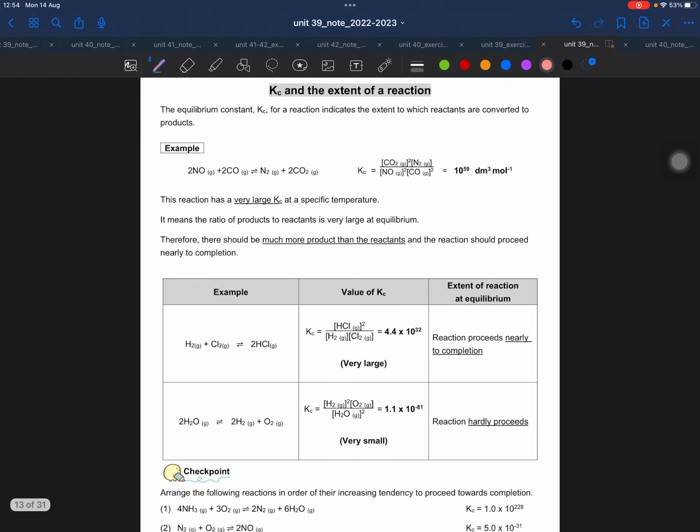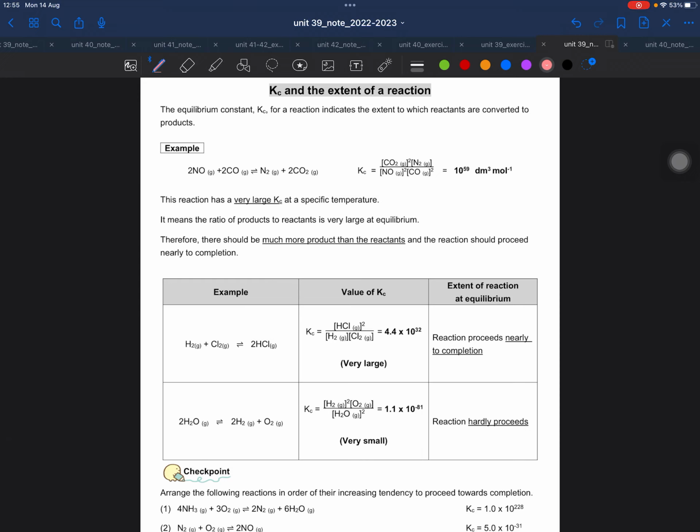Well, next, after some difficult part, let's come across some easy part. Okay? Now, what is the meaning of the value of Kc? First, if you are strong in mathematics, you can get the insight already. The value of Kc must be a positive value, right?